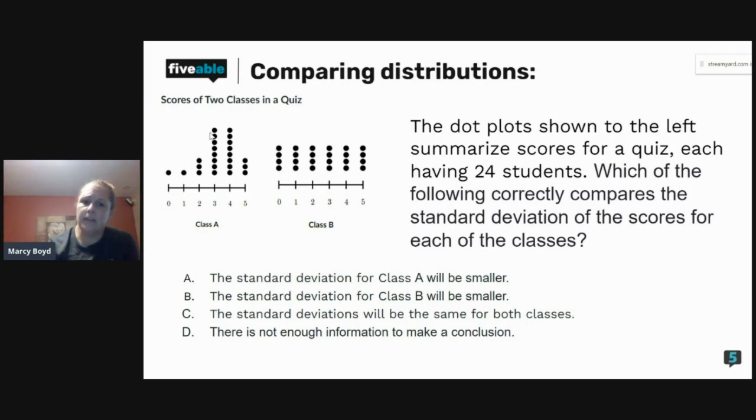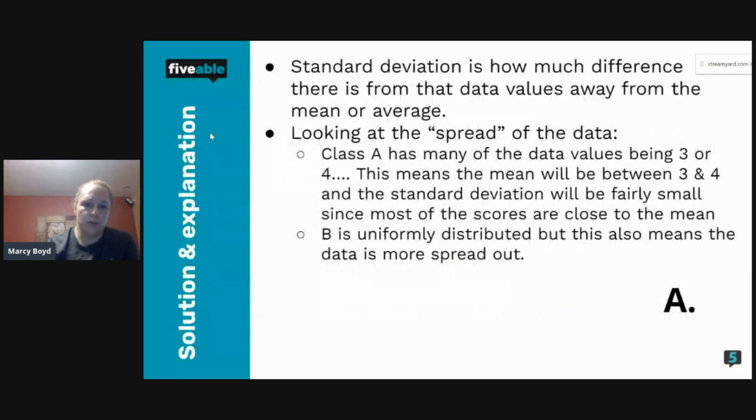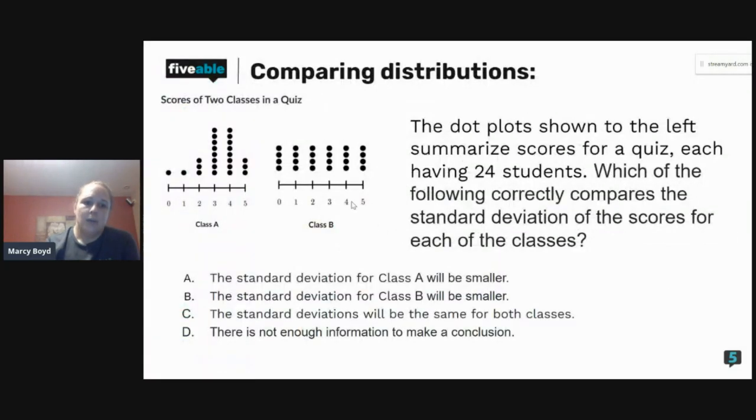That second bullet, though, I used the words uniform distribution, right? Since B is uniformly distributed, it also means that the data is more spread out. What I mean by that is my average or mean is right in the middle, 2.5. There's a lot of spread over here, 2.5 this way and this way, right?